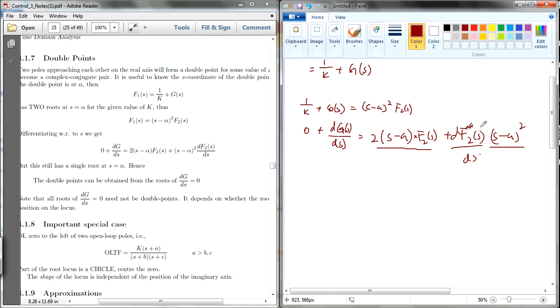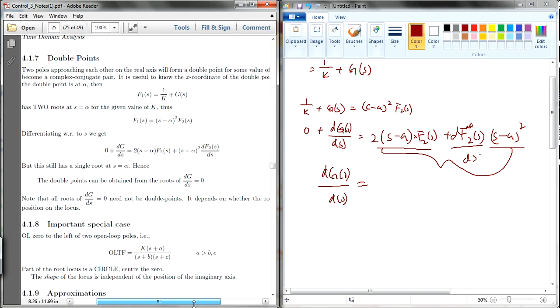It's the same portion. So as you can see that dg(s)/ds is equal to this whole piece of information over here. But this still has a single root at s equals a.